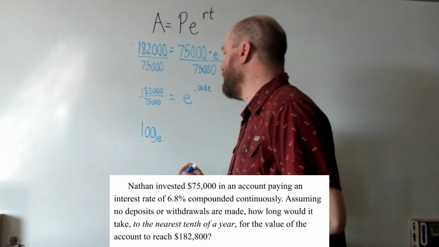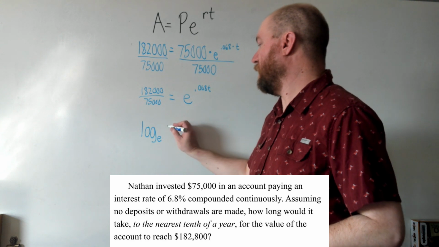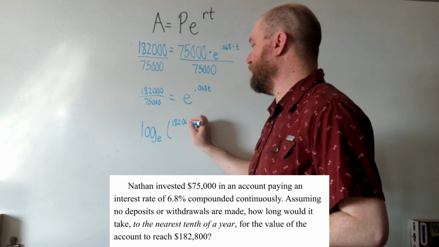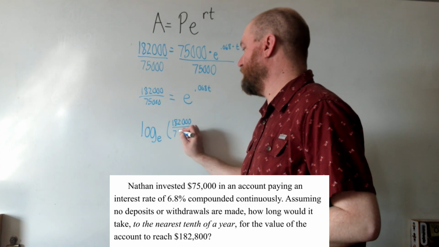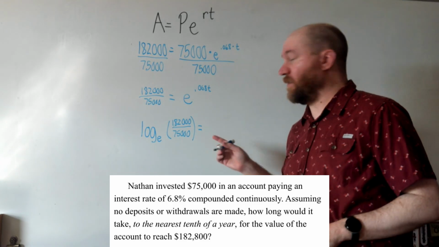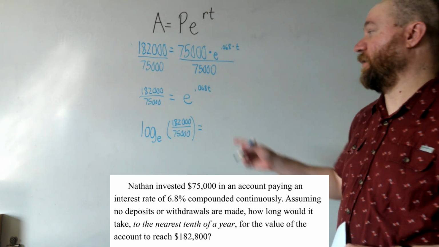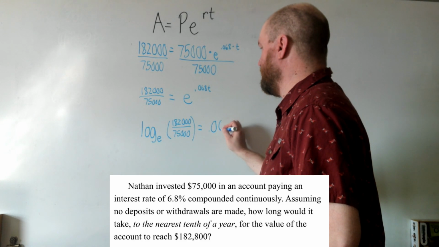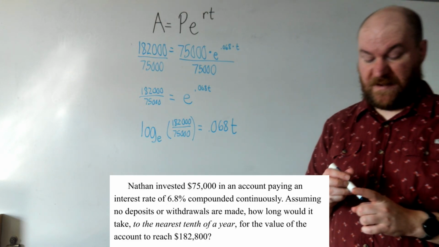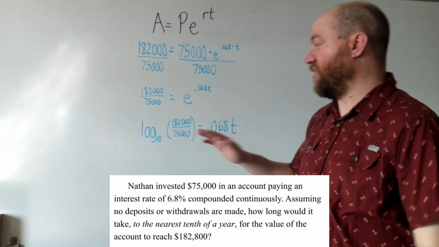So log base E. What we are logging is what is on the other side, 182,000 over 75,000. And the answer is the original exponent, so 0.068 t.